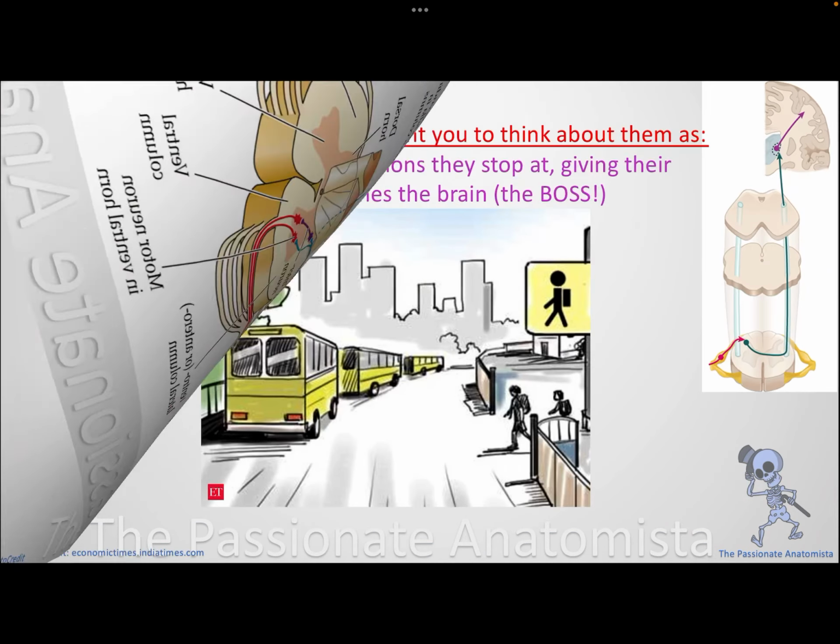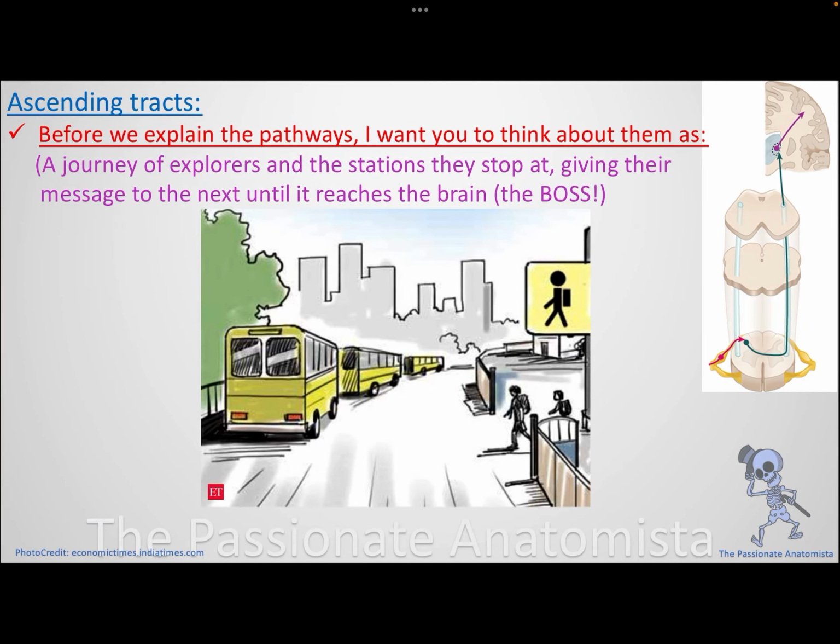Yeah, we will talk about the tracts now. Before we explain the pathways, I want you guys to think about them. Like I said previously, I want you to take it as a story, as something interesting and related to your reality and what you have in the environment.